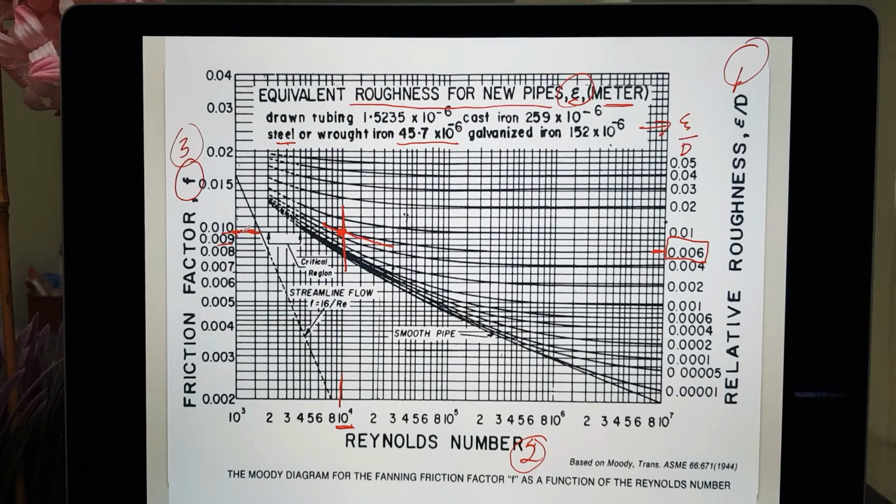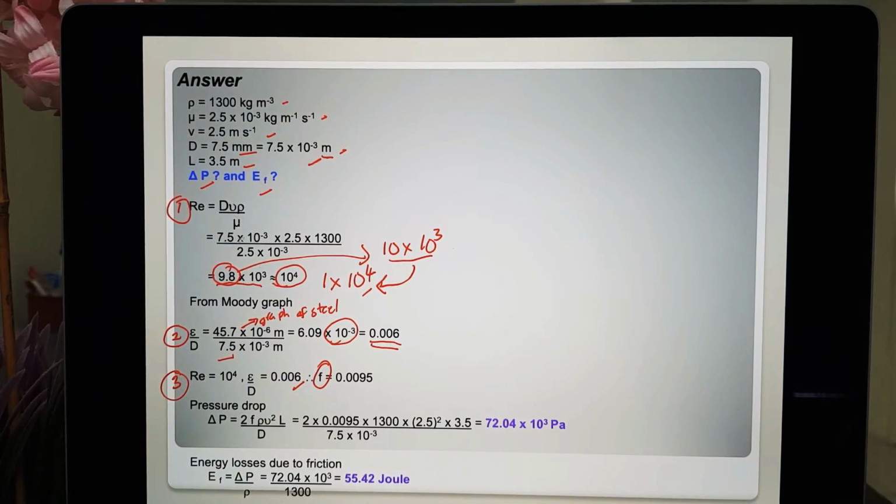So the value for this line is 0.0095, because it is located in between 0.009 and 0.01. So that's why the friction F you will get is 0.0095. Okay, so now we have settled step number 3.